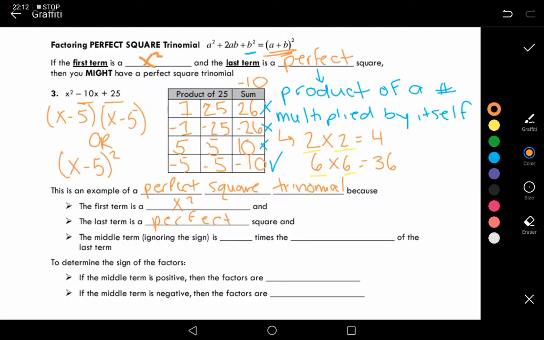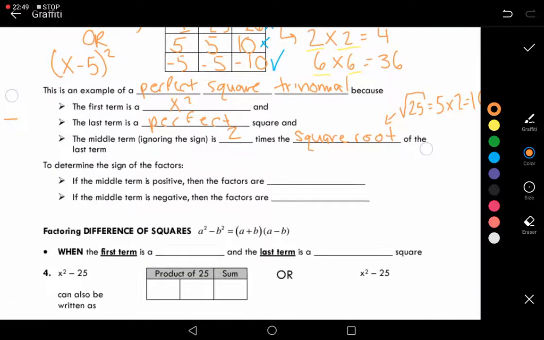The middle term, if we're simply ignoring the sign, is always going to be 2 times the square root of the last term, right? So that's what I was saying. If we take the square root of 25, so square root of 25 equals 5, and if we multiply 5 by 2, we get 10. Okay, so that's what this line is saying here.